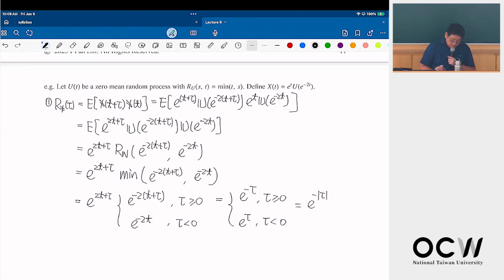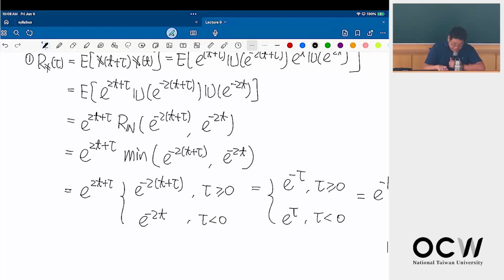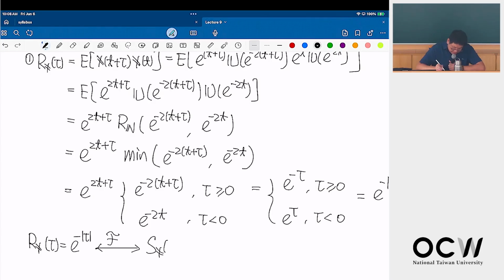And then take the Fourier transform, we can get the spectrum of x. So Rx is e^(-|tau|), then the Fourier transform is the spectrum, 2 divided by 1 plus omega squared.